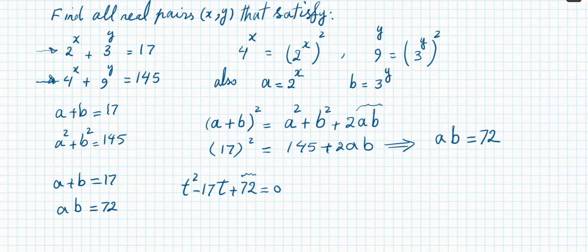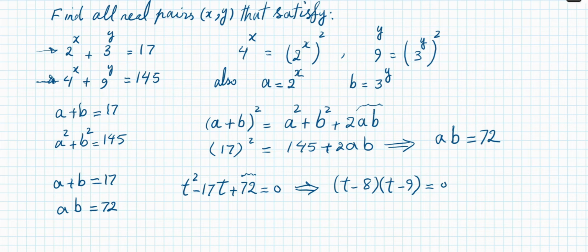So what are the two numbers that you multiply to get 72 and add to get minus 17? That is minus 8 and minus 9.